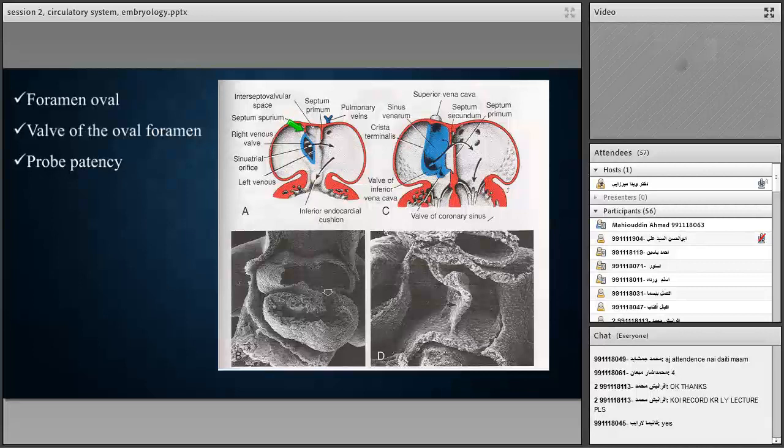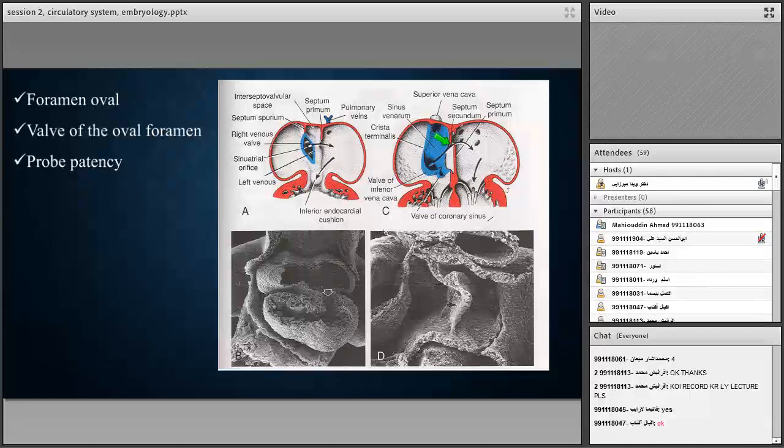Okay? When the sinus venosus is expanding in the right atrium cavity, the left venous valve, I mean this valve, and septum spurium are connecting into the septum secundum. Look at here, they are growing into the left side of the atrium and attaching into the septum secundum.